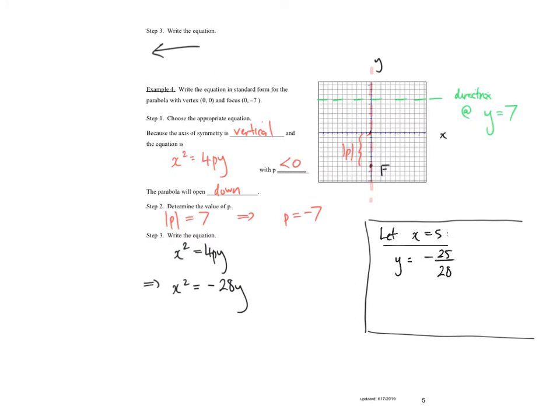So we can plot when x is 5, y is almost negative 1, so we'll have a point there. And because of the axis of symmetry, we'll also have that point on the other side of the y-axis too. Now I can complete my drawing, knowing that I have a fairly shallow looking parabola.